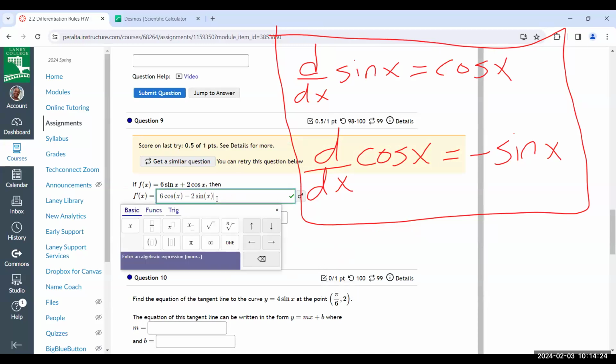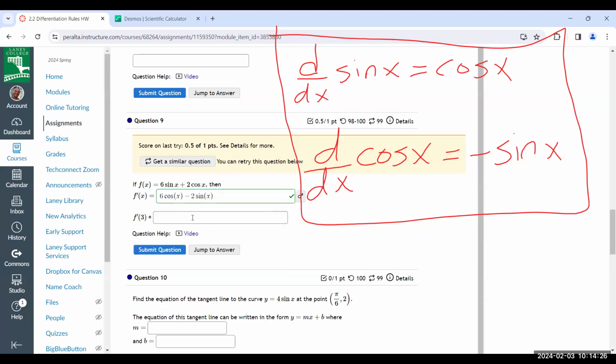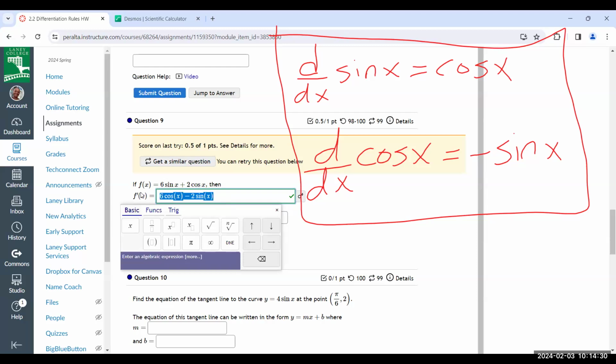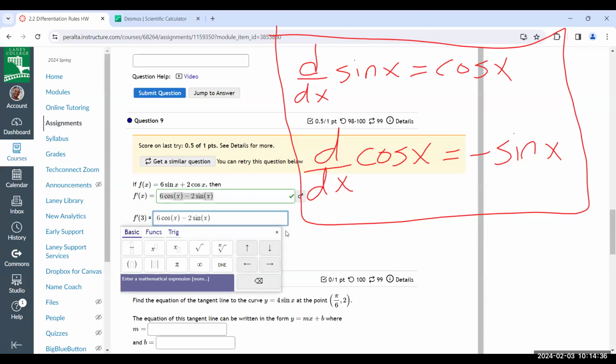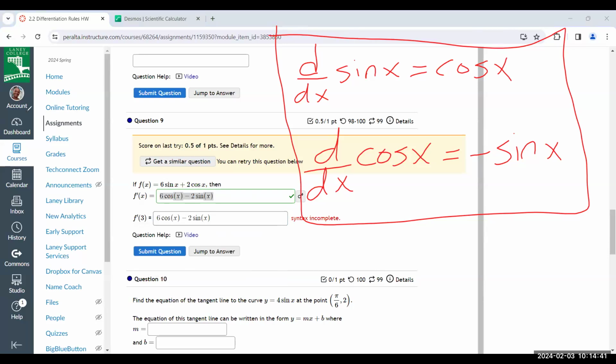And then from here, to get the f prime of 3, really all you have to do, remember what we did in the last problem? We found f prime of x and then we plugged in 5 for x. So for this one, I just copied and pasted because I'm about to plug in 3 for x.